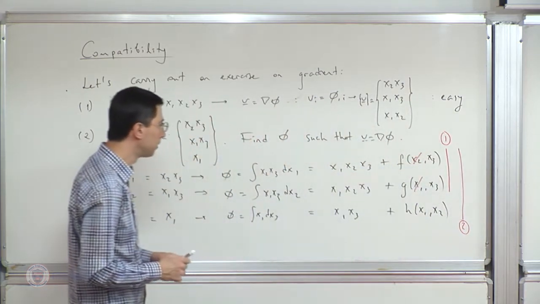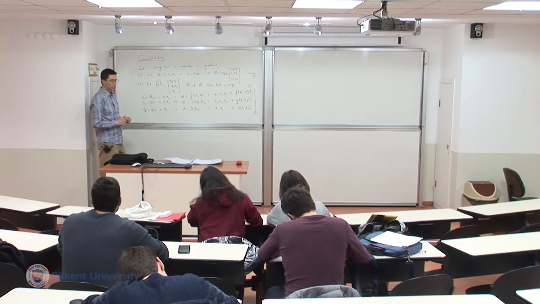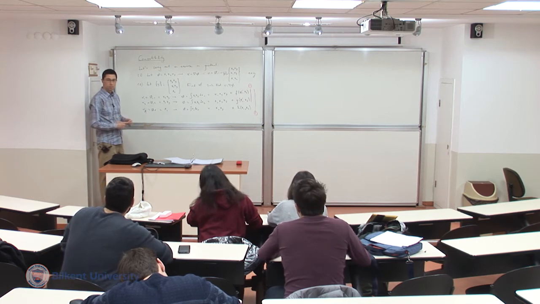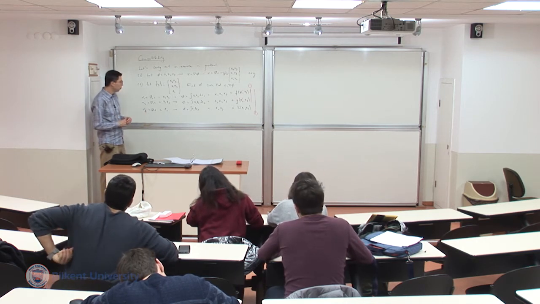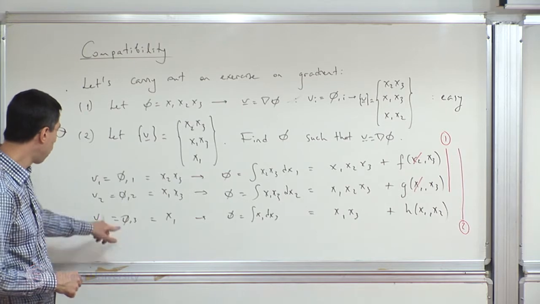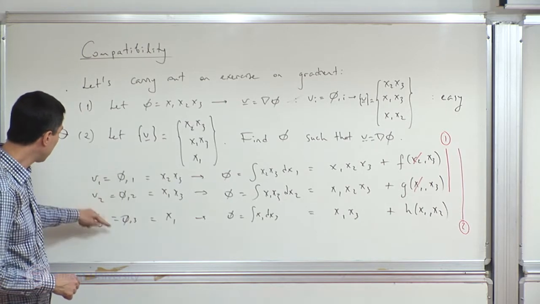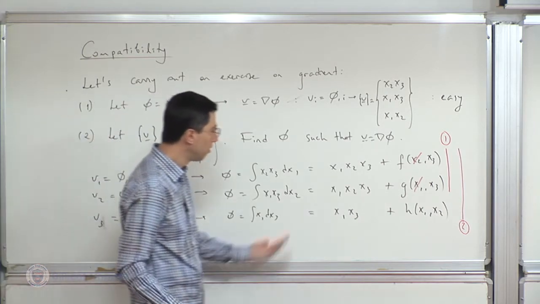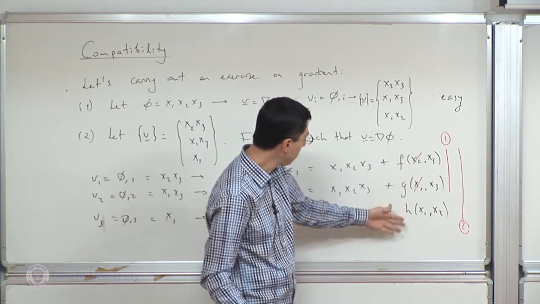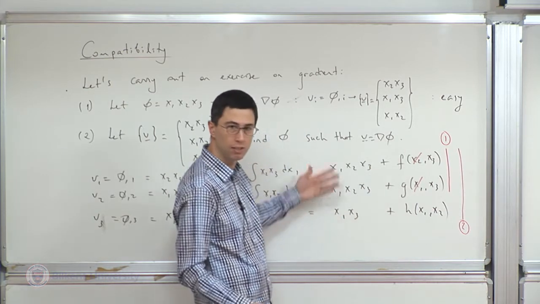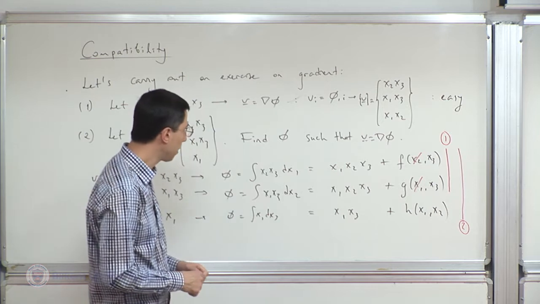And what's the conclusion? Right. The conclusion is that there is no phi from which I can calculate v as its gradient, because there is no way I can match these expressions such that for all of them they are the same, right?